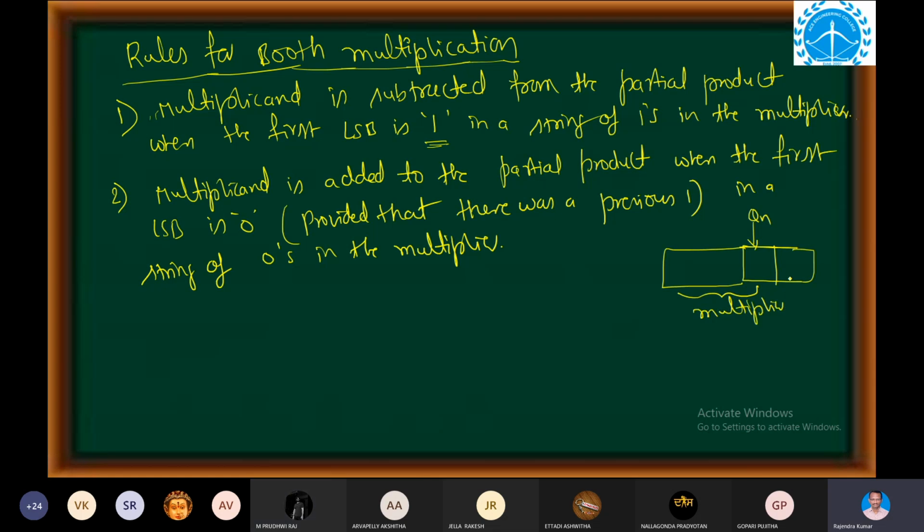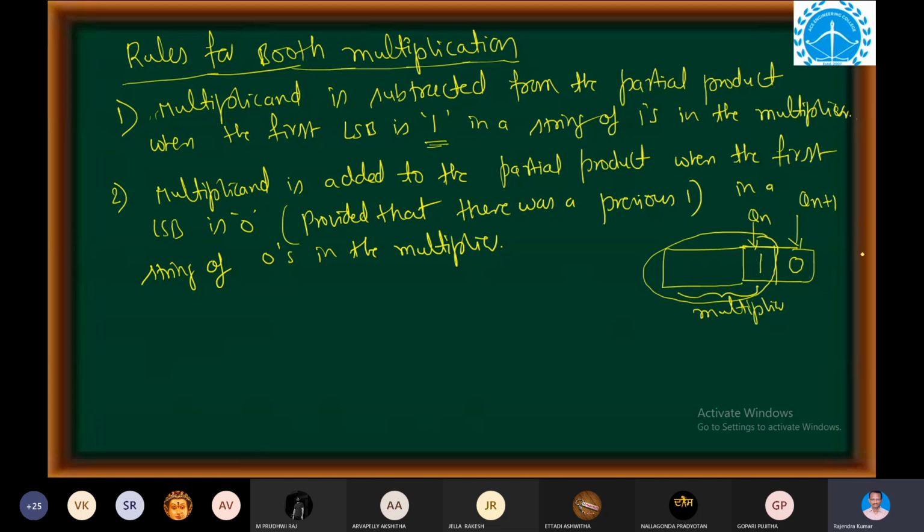This is the multiplier, and this is Qn plus 1, which initially we put as 0. If the multiplier LSB is 1, we do the subtract operation, and after that we shift right.